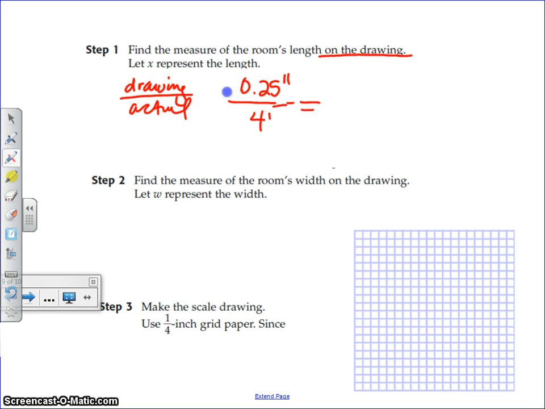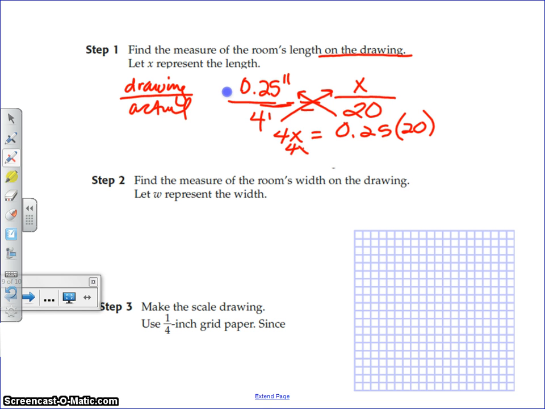And we're going to compare that to the drawing. On the drawing, we don't know how big the length of the room is. So that's going to be X. That's what we're trying to find out. And the actual length of the room, you'll remember, is 20 feet. And then you'll cross multiply and find out that 4 times X equals 0.25 times 20.